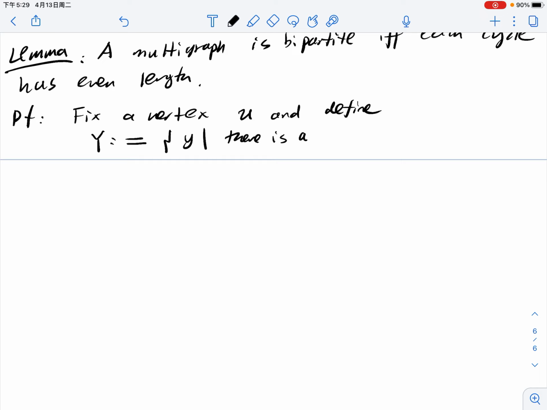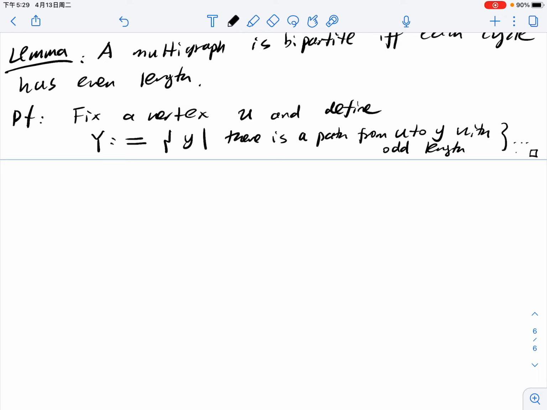There's a path from U to Y with odd length. And then X is the remaining vertices. And how to use the condition? Because of the condition, Y is well defined.